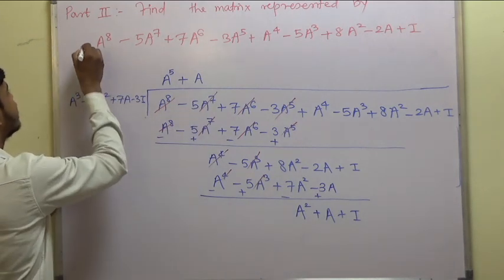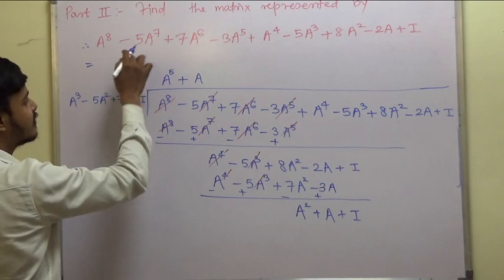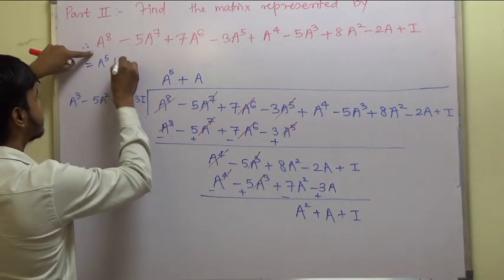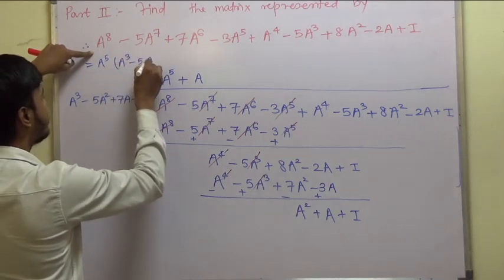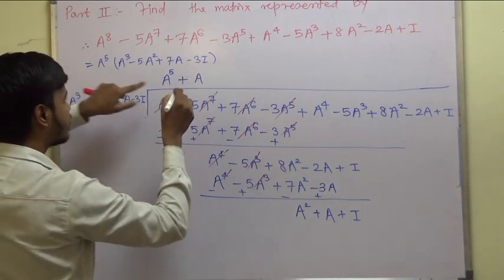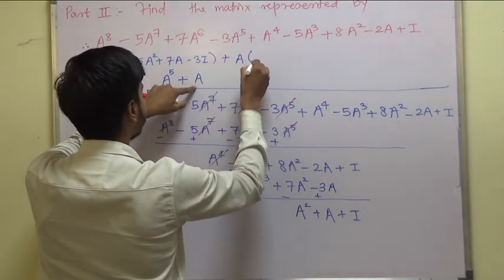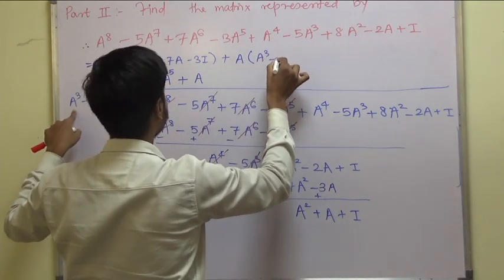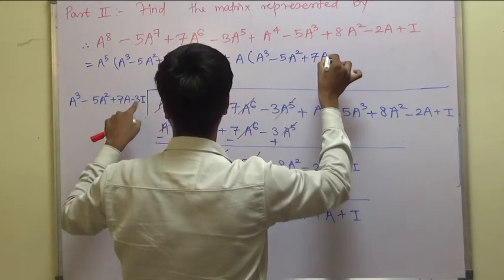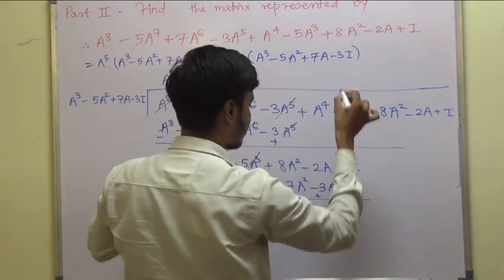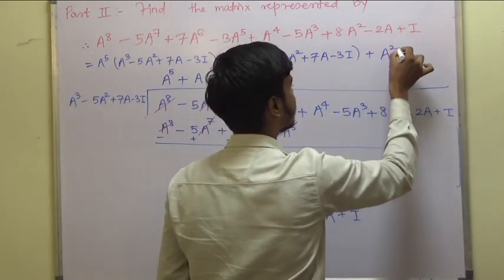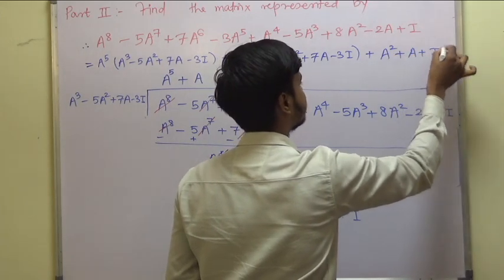This can be equal to a to the power 5 times a cube minus 5a square plus 7a minus 3i, then plus a times a cube minus 5a square plus 7a minus 3i, and at last the remainder. What is the remainder? The remainder is a square plus a plus I.